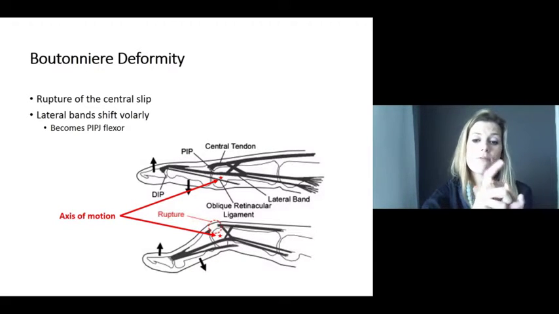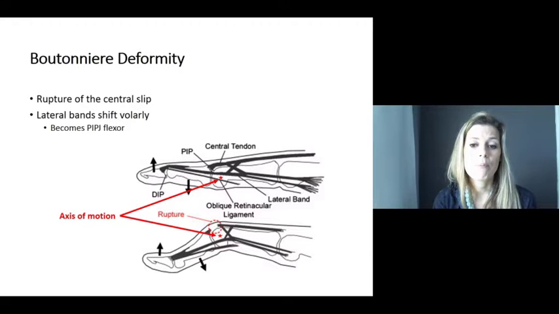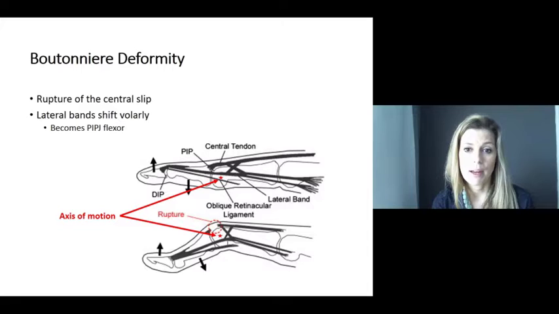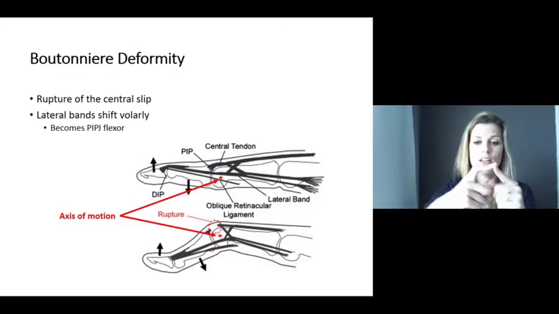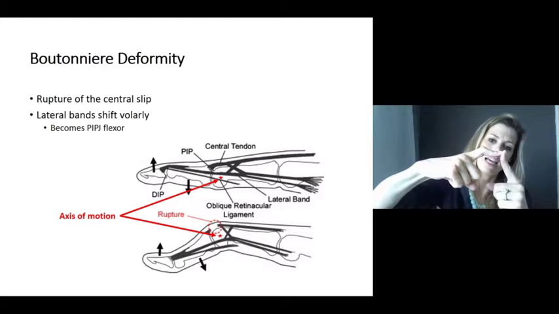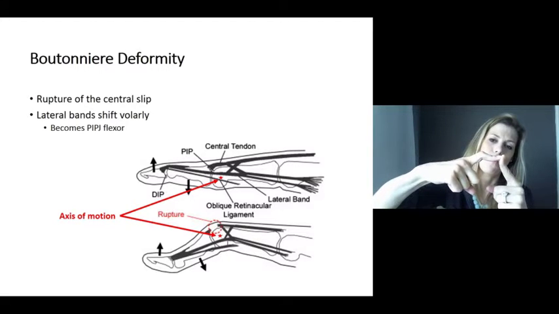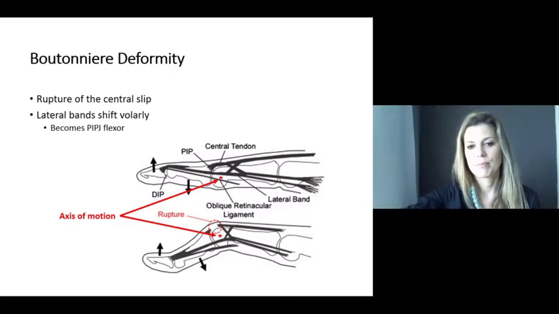When the PIP joint falls into flexion, the lateral bands will migrate volarly or anteriorly. Okay, and when that happens, it's going to pull, like pulling reins on a horse. It's going to pull that terminal tendon very taut, and it's going to force the DIP joint to fall into hyperextension. So you have more of this type of a presentation with your clients.